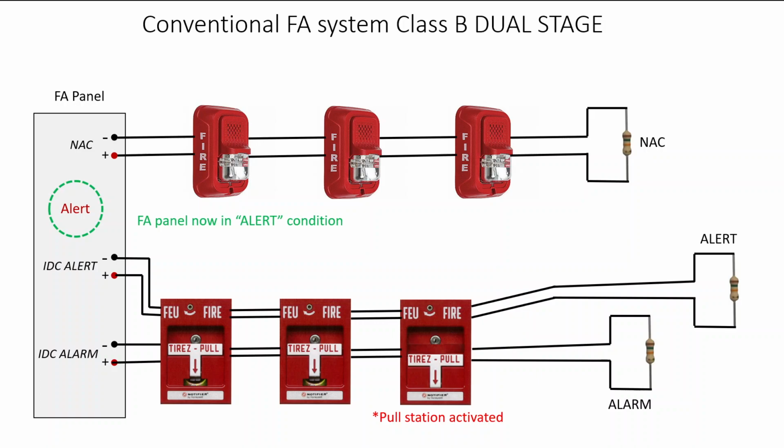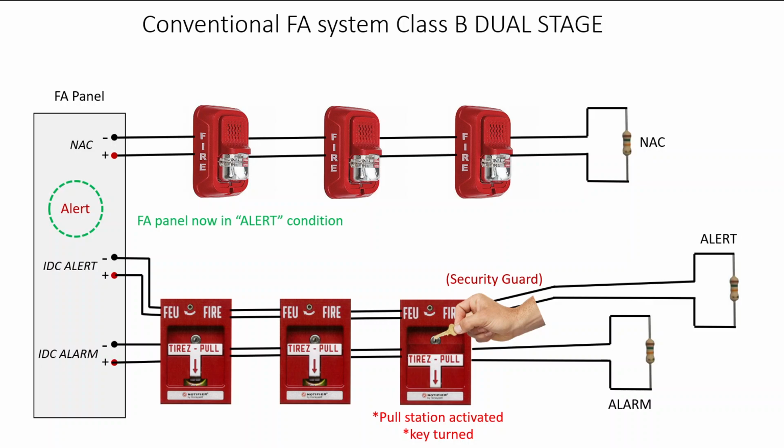Now there's a certain amount of time that it takes for either a security guard or facilities management to go around and just sort of confirm, is there a fire or not? So here comes the security guard, and they have confirmed that there is a smoke or fire visually. And so what they do is they come along with their key, they insert it into any pull station, and they twist it.